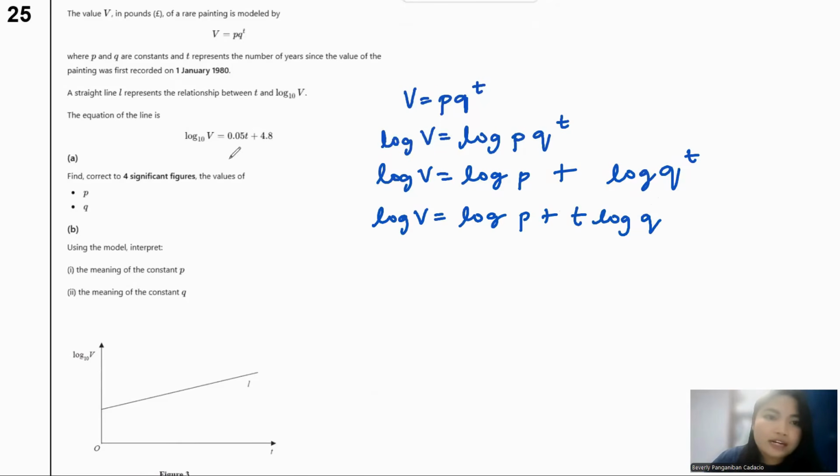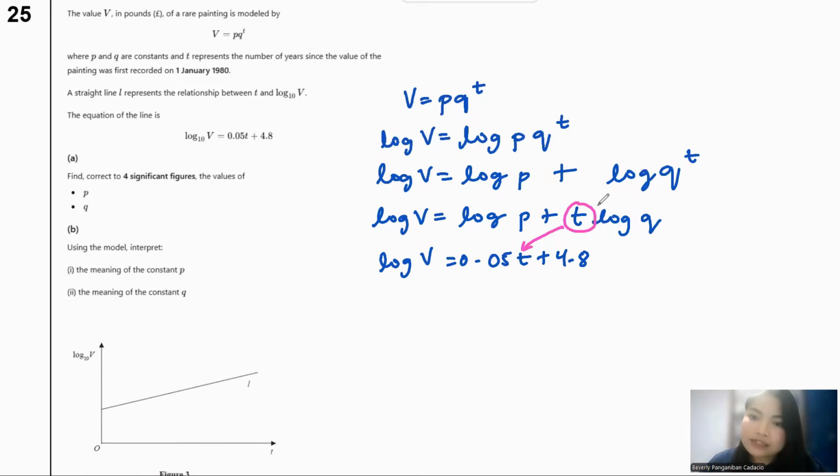And then, I want you to rewrite this at the bottom. I don't need to put the 10, it's 10 since there's no base, so the default will be 10. 0.05t plus 4.8. And then I want you to compare. The t is this, meaning to say this log Q will be equivalent to 0.05.